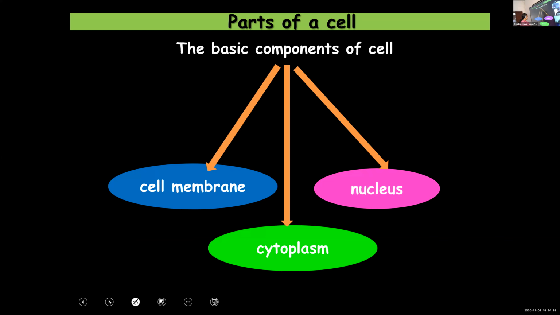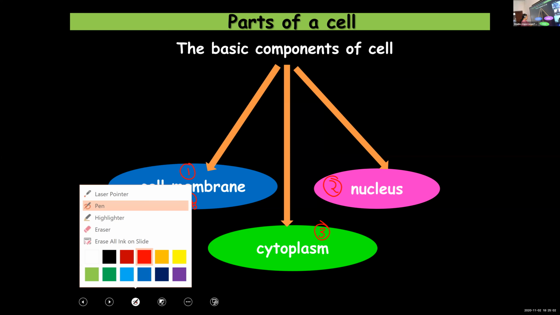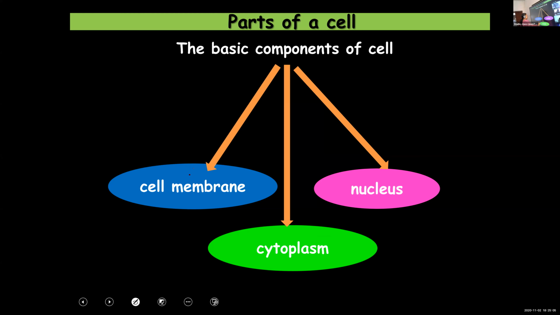Once again, the three main components of a cell are cell membrane, cytoplasm and nucleus.